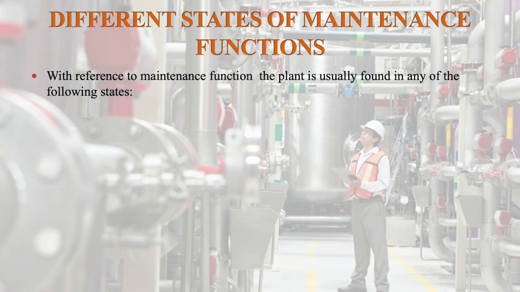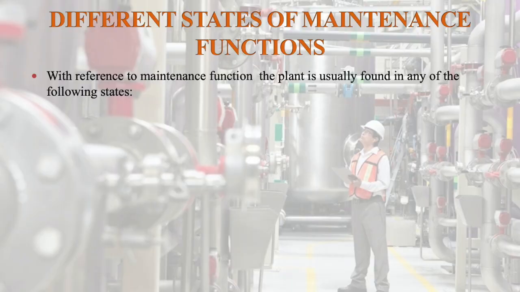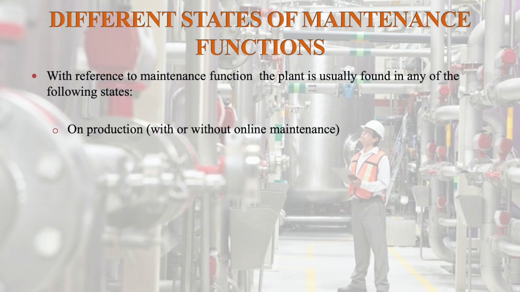Different states of maintenance functions. With reference to maintenance function, the plant is usually found in any of the following states. In the production departments, the machines and equipment are found in various states. One is on production, with or without online maintenance.